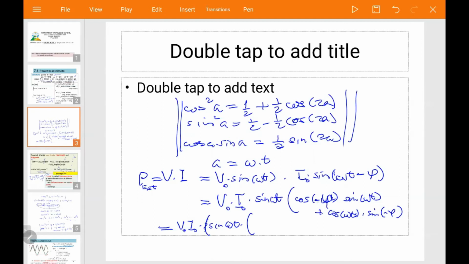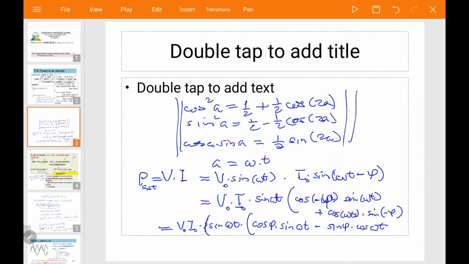Cos of minus phi is simply cos phi, whereas sine of minus phi becomes minus sine phi. So you get here cos phi sine omega t minus sine phi cos omega t.